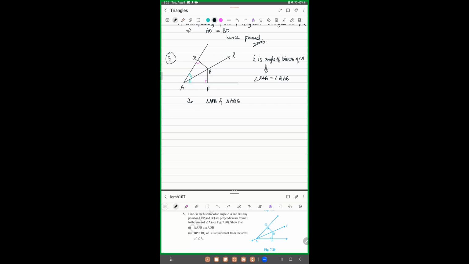See, angle P is equal to angle Q. Then A, the angle at A, is equal in both. And AB is common to both the triangles.